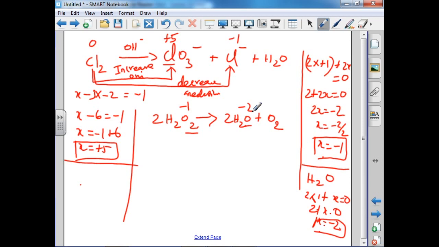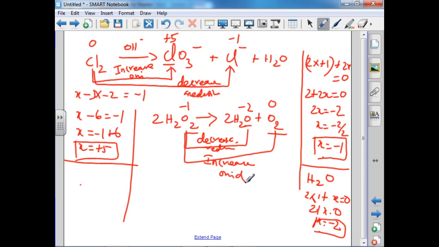And then this is the elementary state, so oxidation number is 0. So plus 1 to minus 1 to minus 2, minus 1 to 0. This decreases, this is reduction, or reduced. This increases, this is oxidation. So it is oxidized.